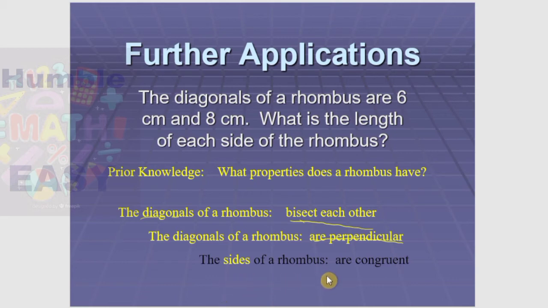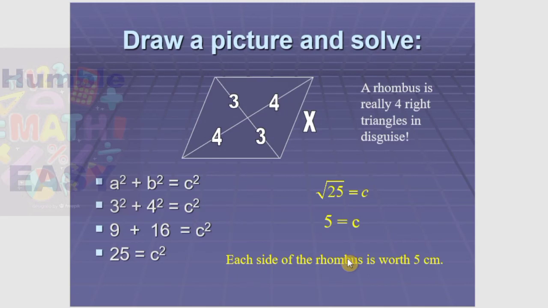So the sides of a rhombus, and take note that a rhombus is a quadrilateral wherein the sides are all congruent. Now, this is the figure that we have. So these are the sides, wherein whatever the side value here is x, x, x, x. So all that we have is x there.